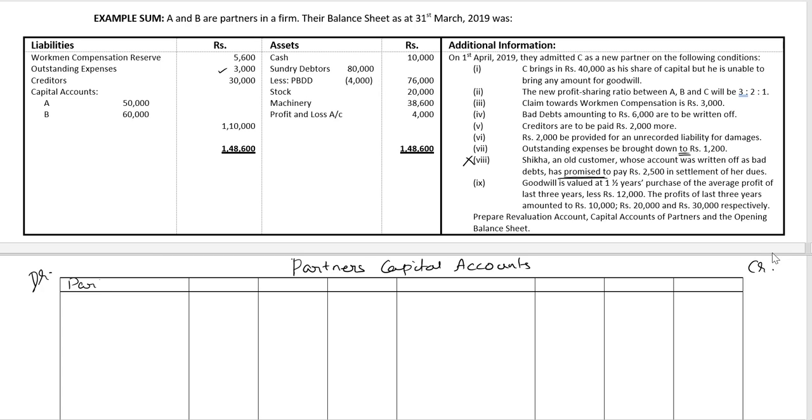Particulars: partner A, partner B, and partner C. Particulars: partner A, partner B, and partner C. We'll begin by bringing down the balance of the capital accounts by balance brought down.